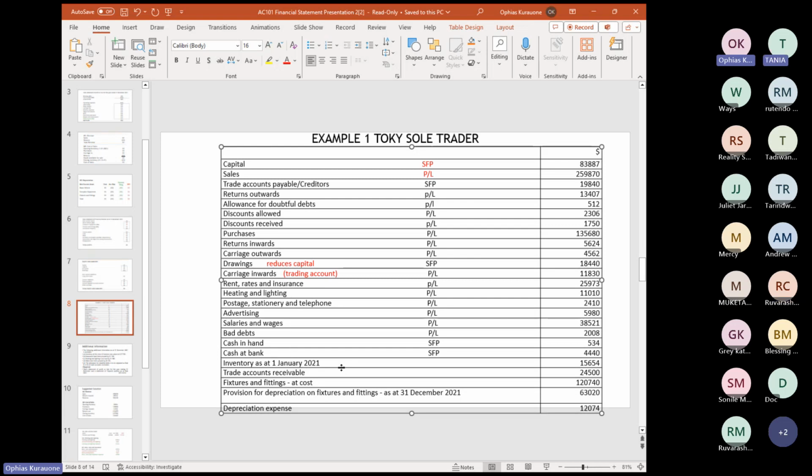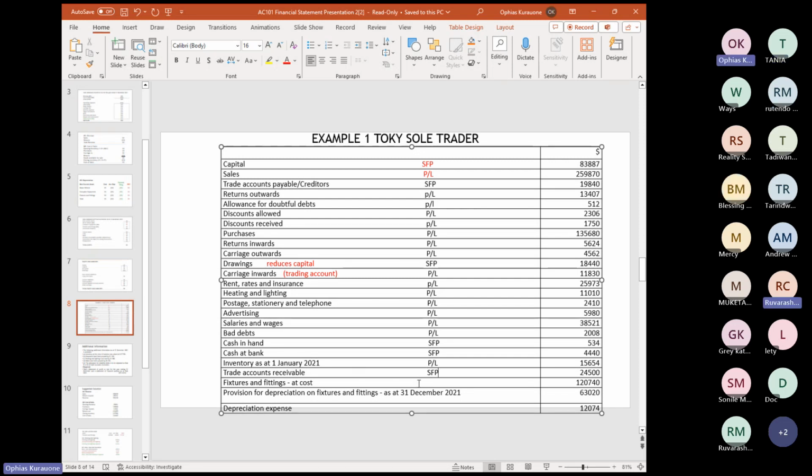Inventory: opening inventory at 1 January, we look at the date, goes to profit or loss. Trade account receivables: statement of financial position.